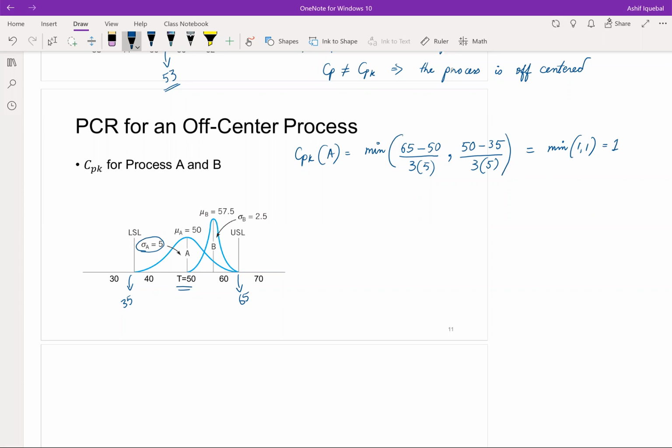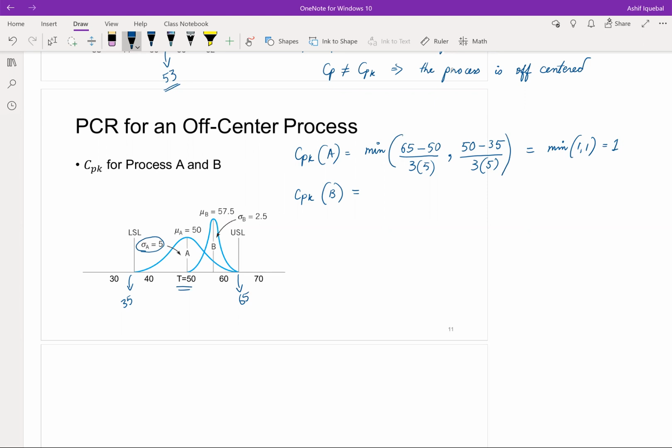Can someone calculate the value of CPK for process B? Remember, the upper specification limit and the lower specification limit are still fixed.